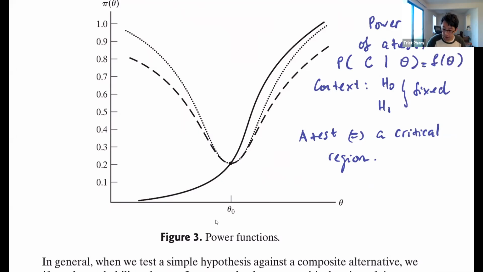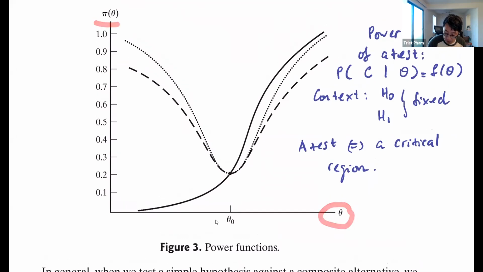The power function of a test is a function of the true parameter theta. And it's the probability that you are in the critical region for a given value of theta. And that's why you see theta is graphed here. Oh, by the way, I think they call it pi, so let me call it pi.